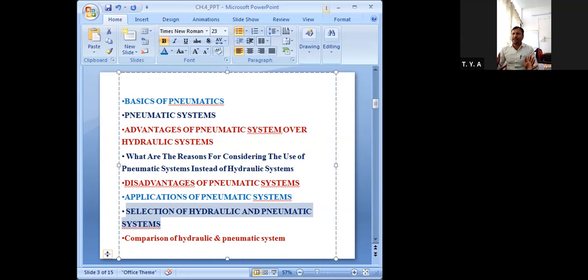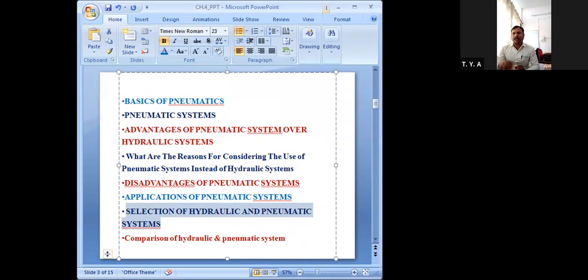So for a given application, there is no hard and fast rule to decide which system should be used. There is no hard and fast rule to follow while deciding between the hydraulic system or the pneumatic system for any application.